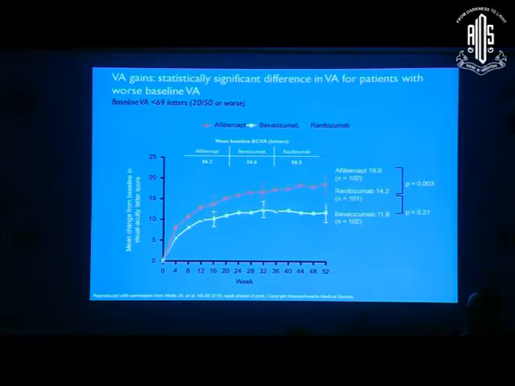Overall there was a slightly higher difference in the Eylea group. But the problem here was that the Lucentis was 0.3 milligram because it's a North American study, whereas in most of the world, DME management is with 0.5 milligram of Lucentis, which raises questions about the Lucentis results in this trial.